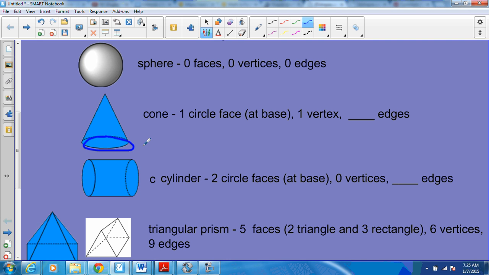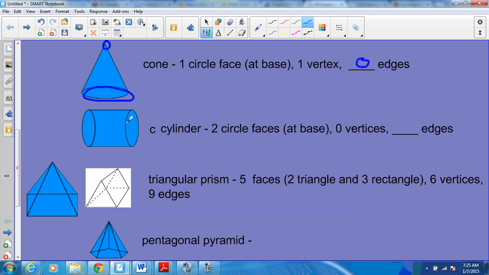This side is not a face because it's not a flat surface. So it has 0 edges. And then it has 1 vertex because it has 1 corner or point.